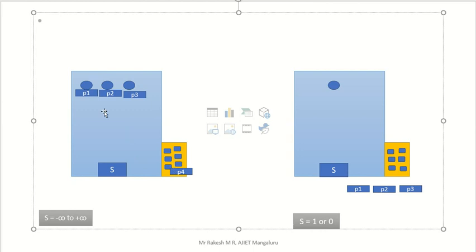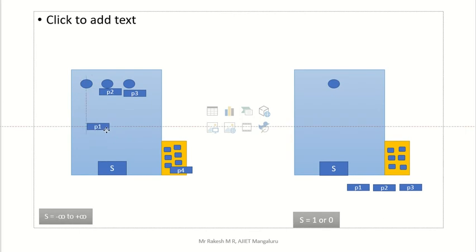Now consider that suddenly P1's cutting is over and he comes out. So we have one chair free.